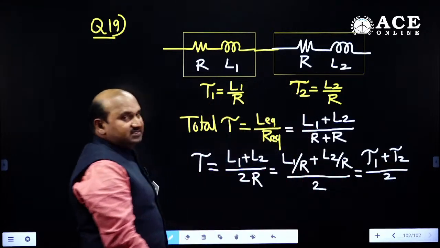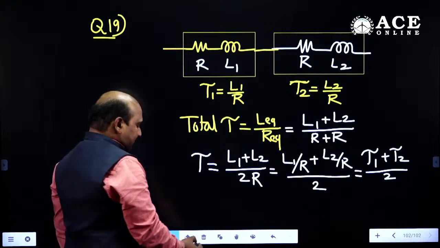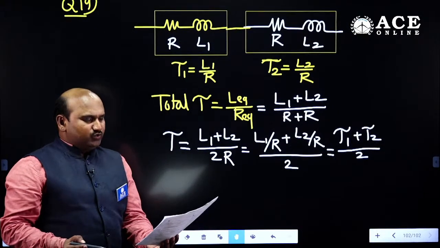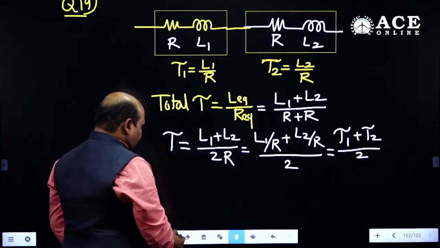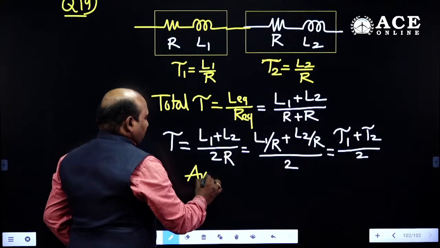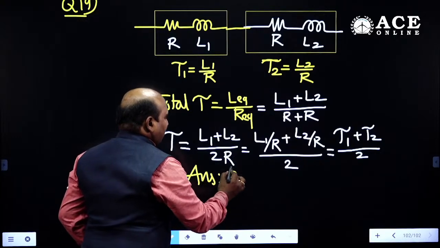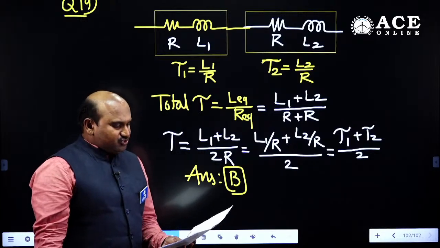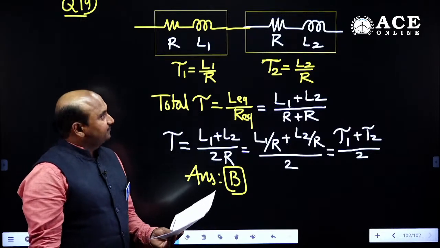What is it? It is the average of the individual time constants. Are you getting? According to the given options, option B is the correct one, the average of the individual time constants.